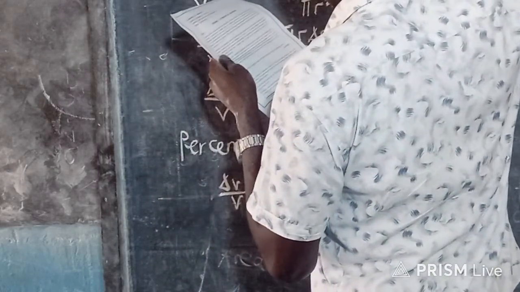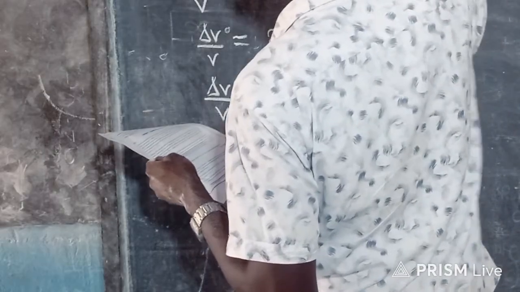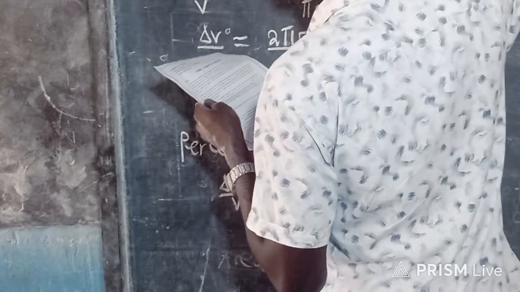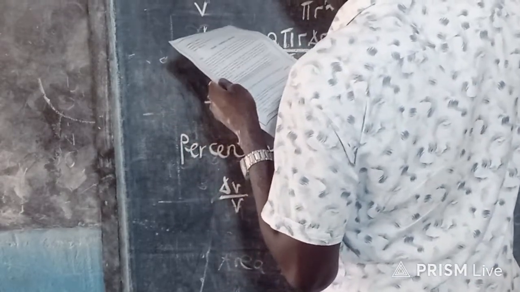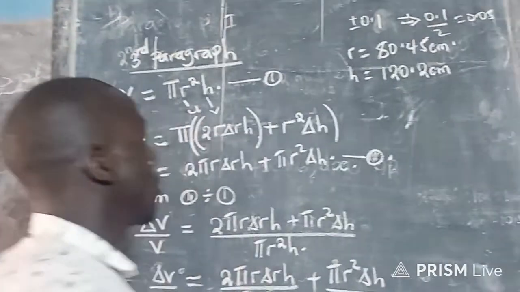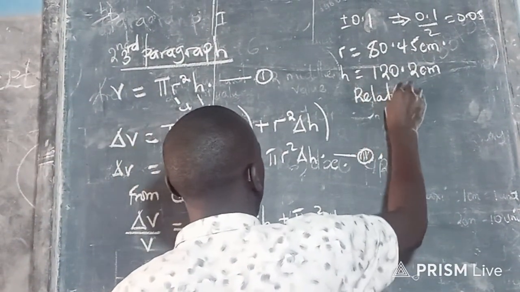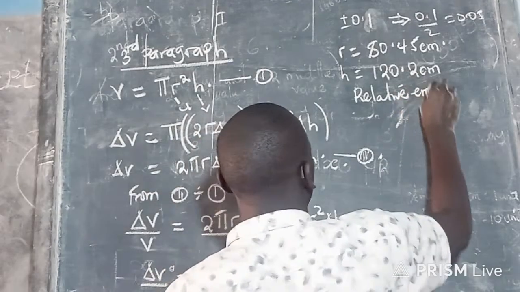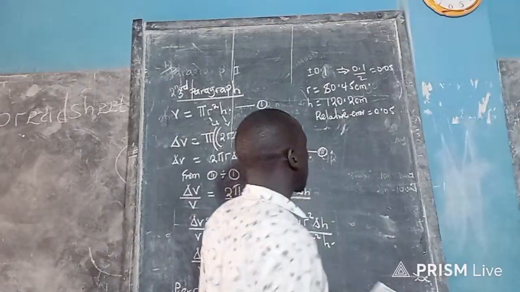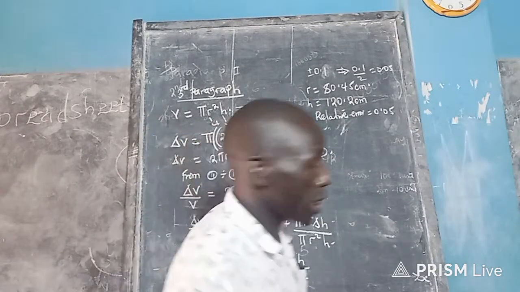So I look at my radius as 8.45, then the height as 120.2. This is in centimeters. All these ones here, I'm going to take my relative error to be 0.05, because we are taking our estimation to be given as 0.1.